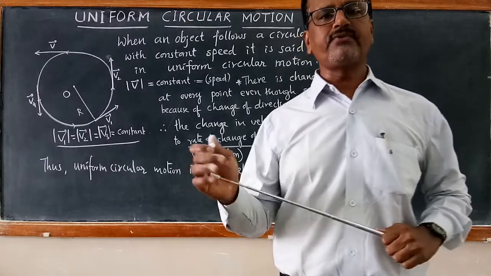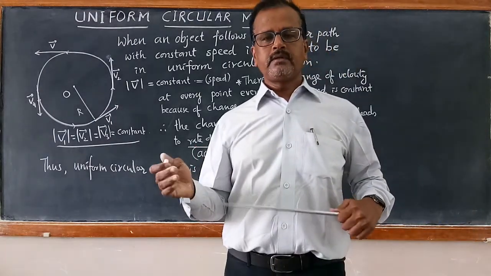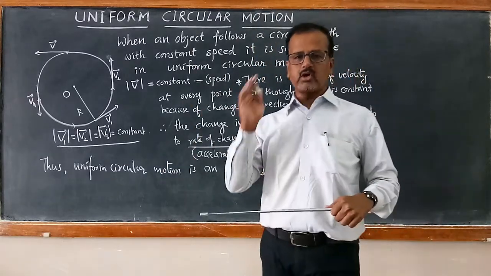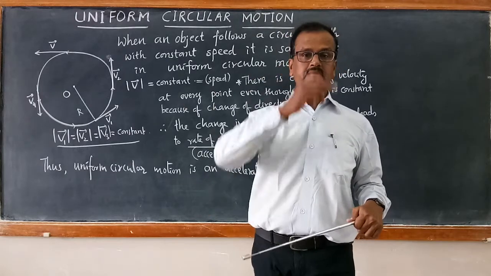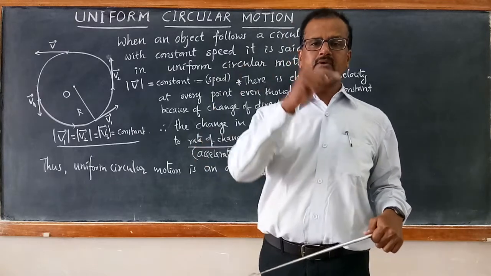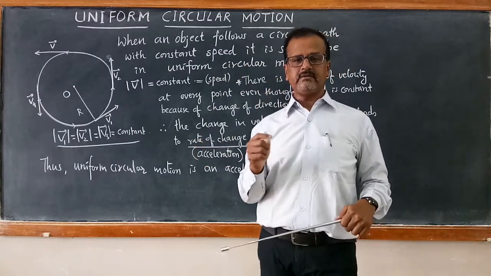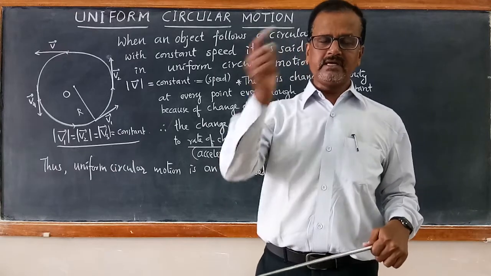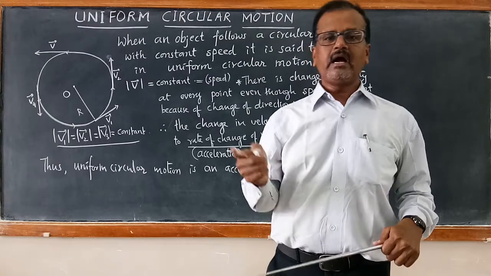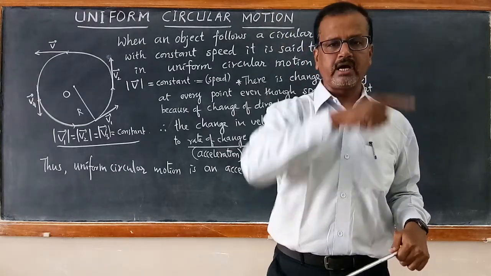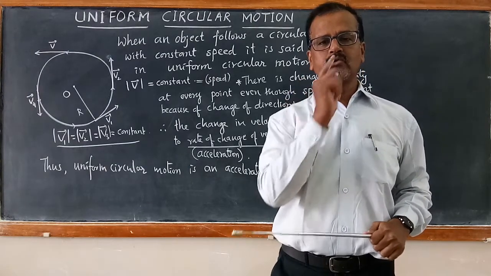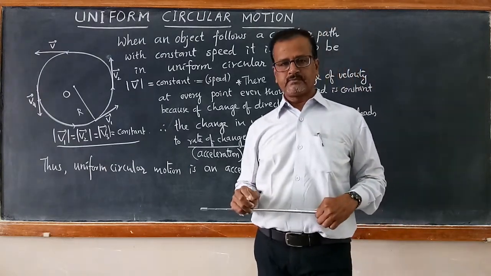To give you an example of uniform circular motion, if you think that Earth is revolving around the Sun with constant radius in a circular orbit, with the Sun as the center, and assuming that the orbit is circular in shape, then we can say that the Earth is undergoing uniform circular motion.